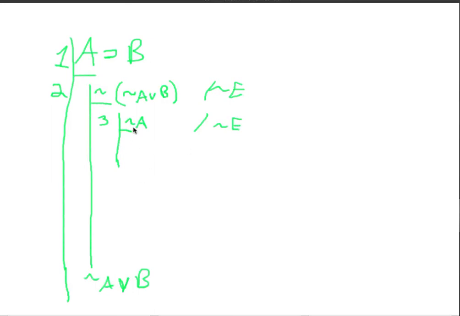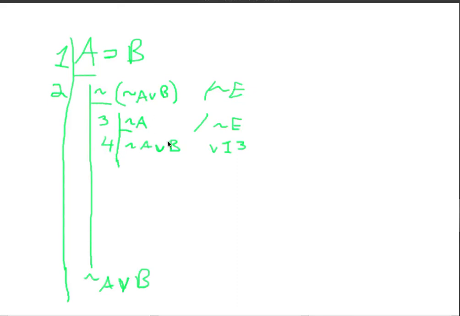Okay, so I have not A. If I have not A, I can always tag on B by doing disjunction introduction. And the only line I have to cite here is line 3. Because by the rule of disjunction introduction, if you have some sentence, you can always just tag on something else by using the disjunctive connective.